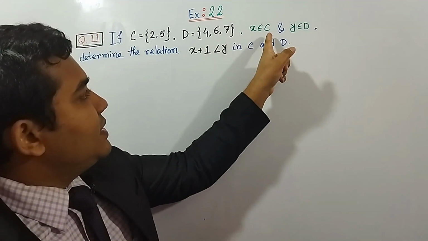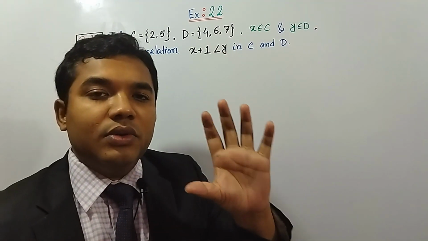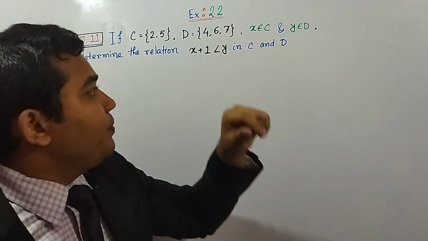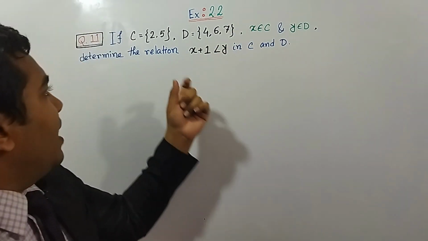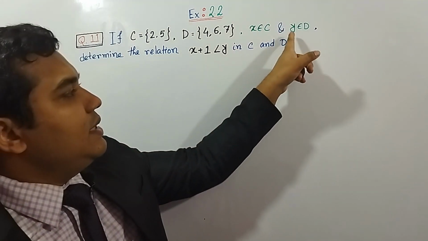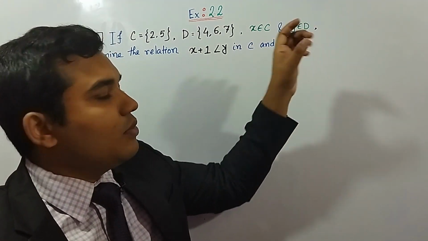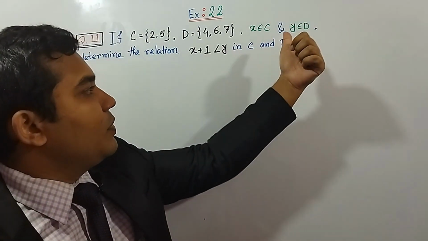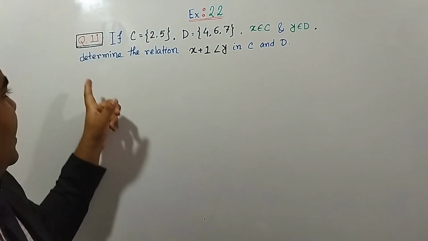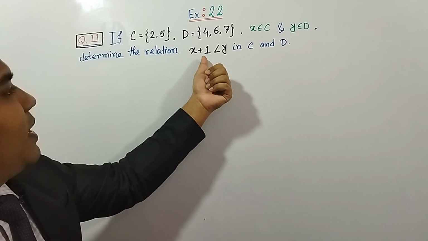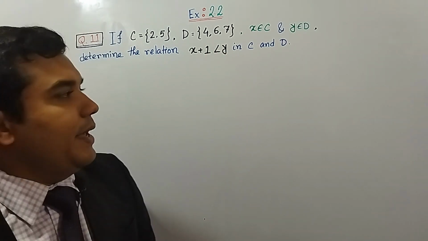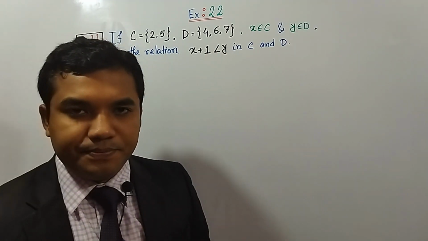One is x belongs to C, so that will be a relation where the value of x comes from the set C, and D is the set which gives the value of y. Determine the relation such that x + 1 < y in C and D.